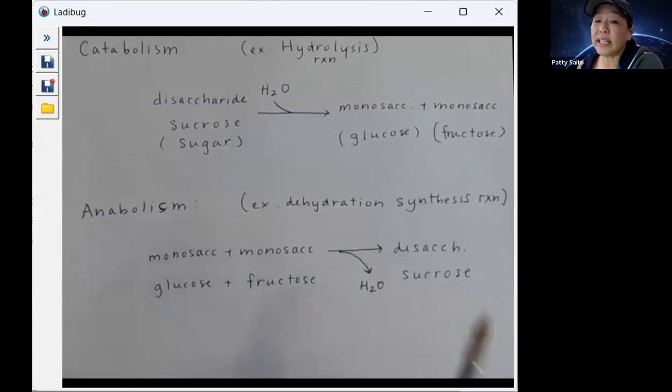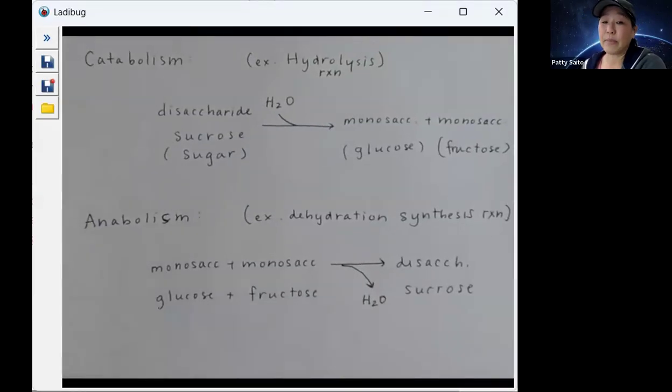Now these are just examples of a catabolic and an anabolic reaction. I think of anabolic steroids, maybe you've heard of that term. Anabolic steroids build molecules, specifically muscle cells.